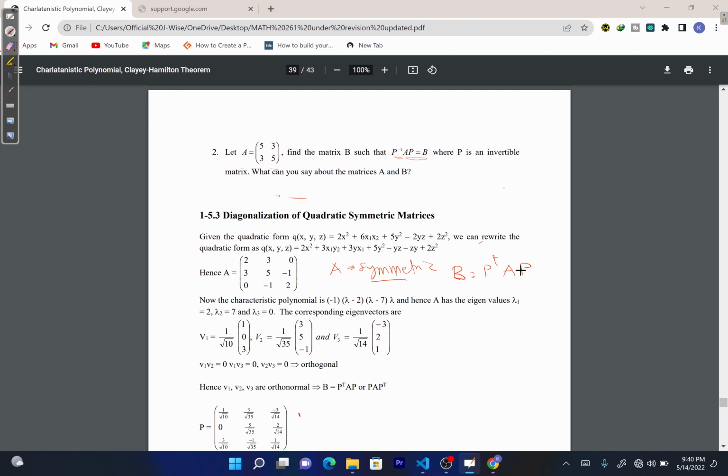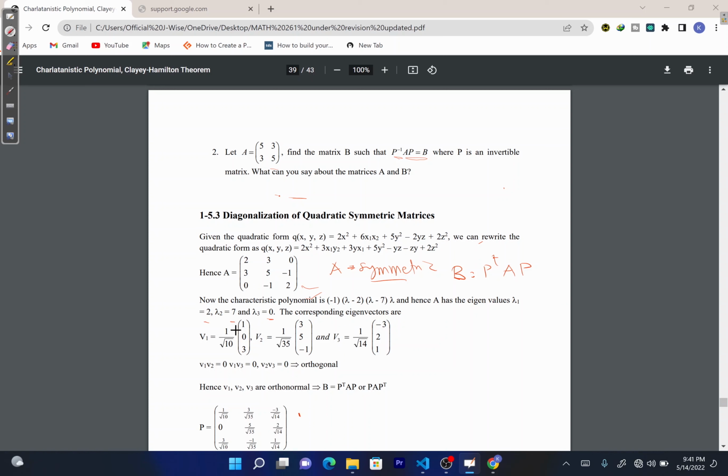So for this particular matrix, first of all, we find the eigenvalues of this matrix. When you do that, you get 3 different eigenvalues. You see that 2 of them are positive and 1 of them is 0. Therefore the nature of this quadratic form is what? Positive semi-definite.